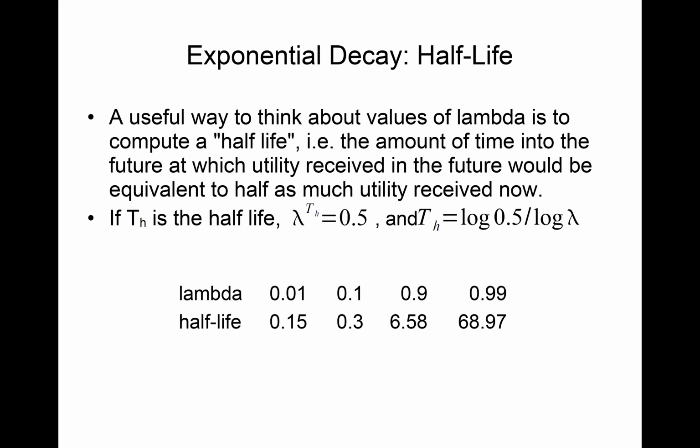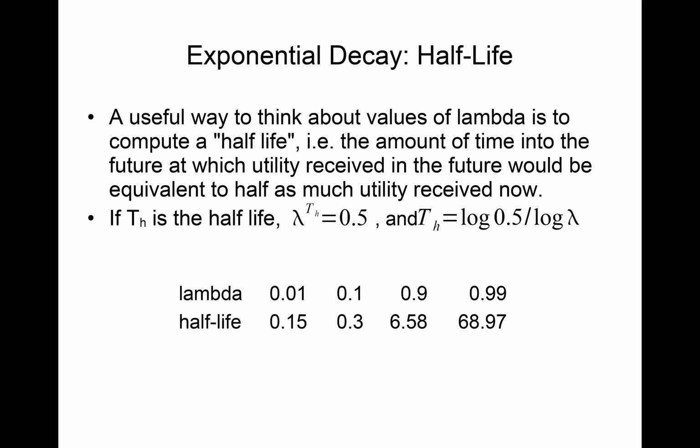You have all kinds of radioactive materials, some which stay radioactive for like a minute after you do an experiment with them, and you're basically back to normal, and other ones that take hundreds of years to get back to normal. So it's very important that they understand this very well. And the way they talk about it is with this notion of a half-life. The half-life is, if you have any kind of process where a quantity is decreasing over time, how much time does it take for you to lose half of what you started with? So the math is pretty easy.